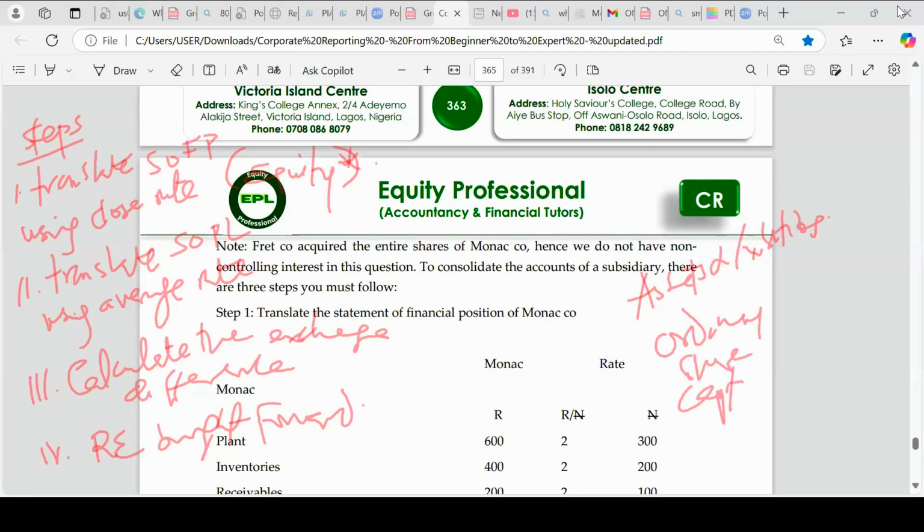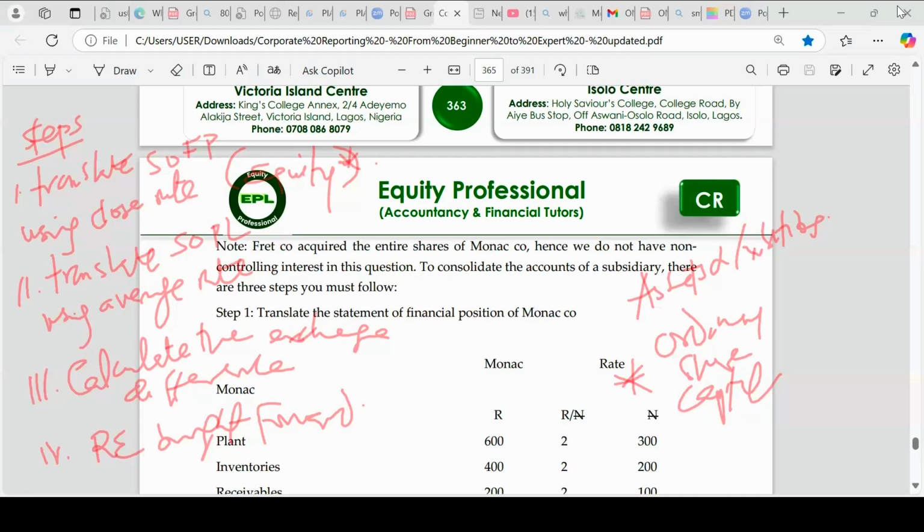Why? The reason is that in the record of the parent company, they are still going to be recording the ordinary share capital at the historical amount that they bought it in the presentation currency. What do I mean?